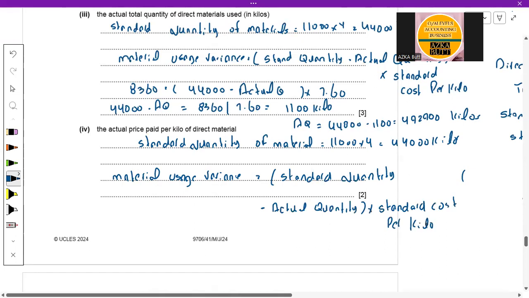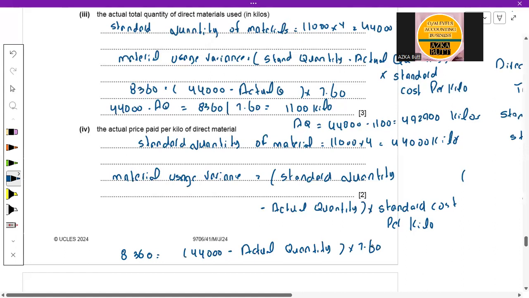So the material usage variance is, sorry, 8,360, which is equal to 44,000 minus actual quantity, multiplied by 7.60.